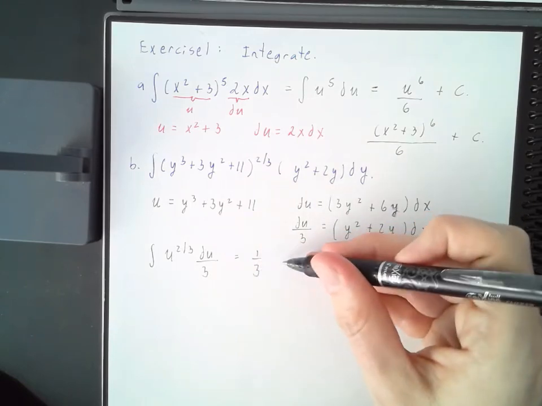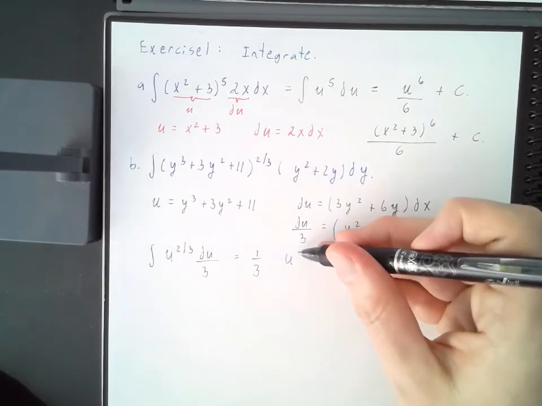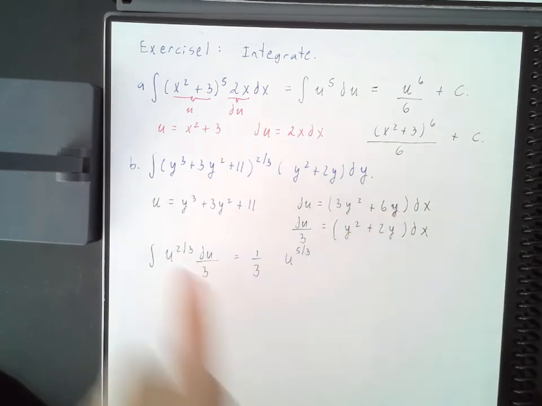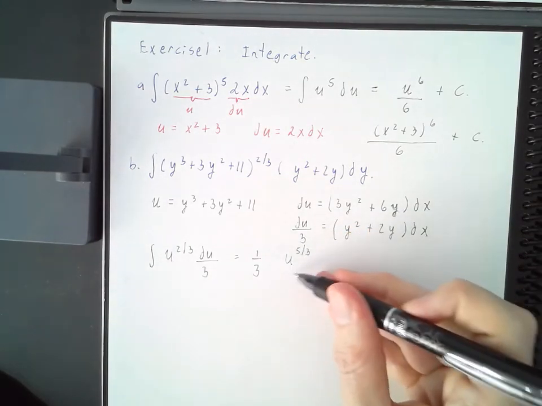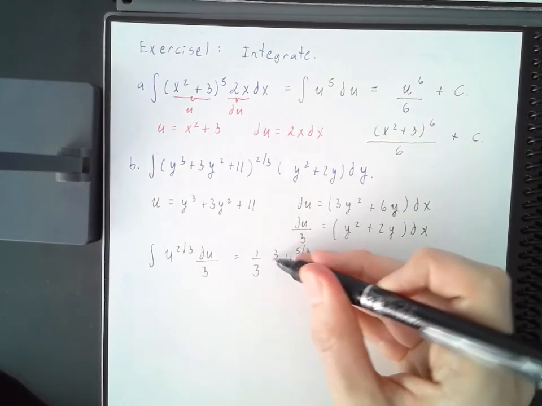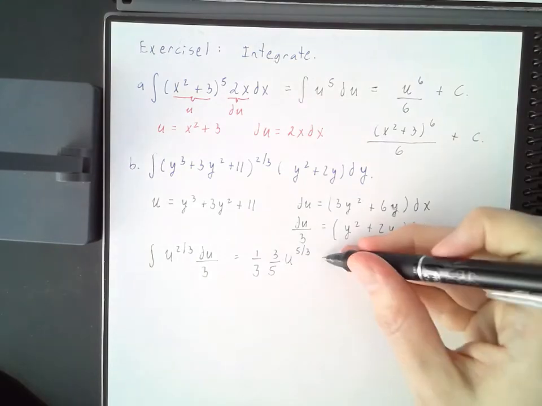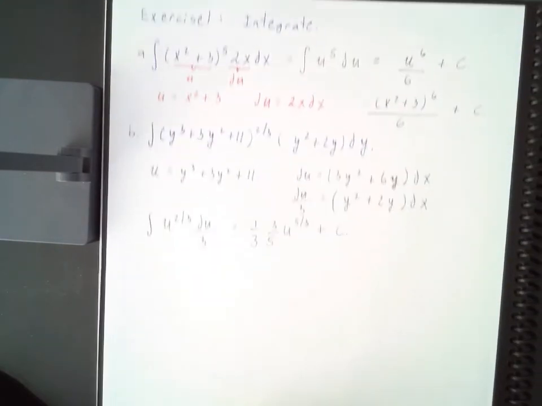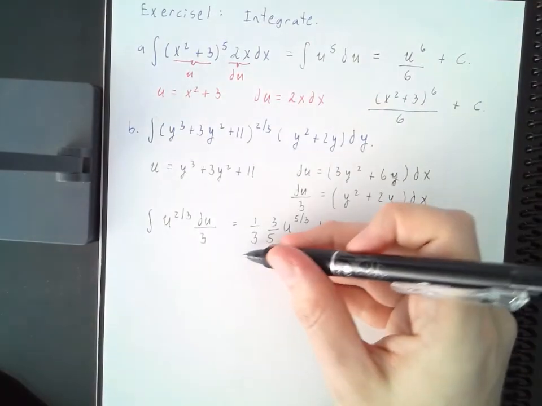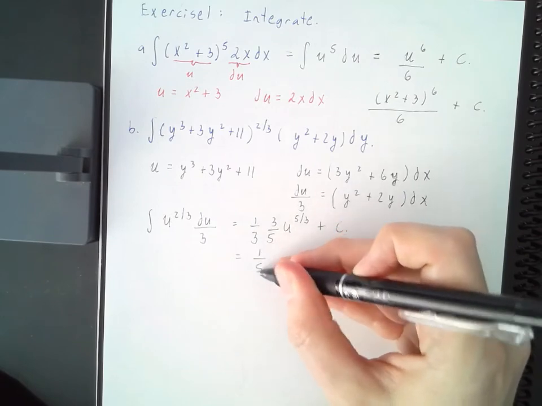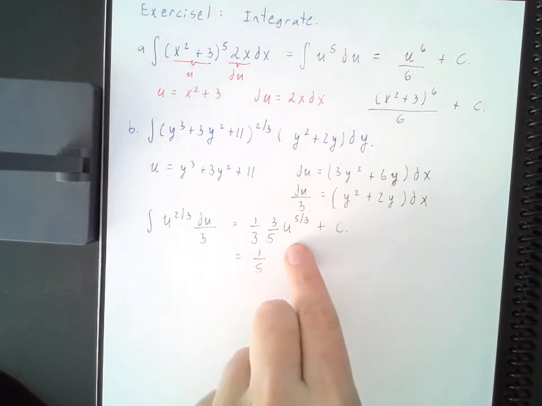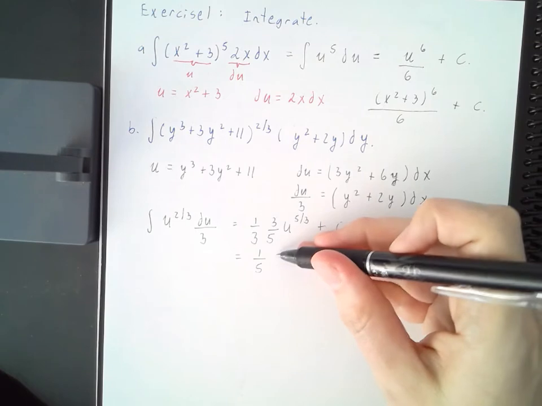And then I am just going to integrate. With this power rule, I have to increase this fraction by 1, so this is going to be 5/3. And then I divide this by 5/3, or I can just multiply it by the flipped fraction. This is a way nicer way to visualize the final integral. And then I am just going to replace u with the original y variable.